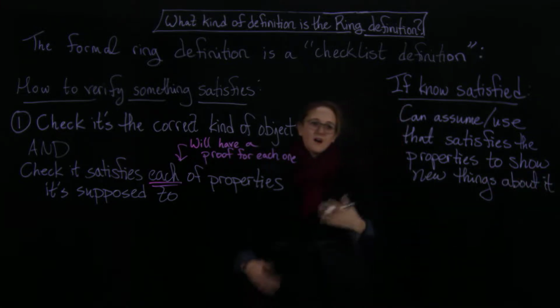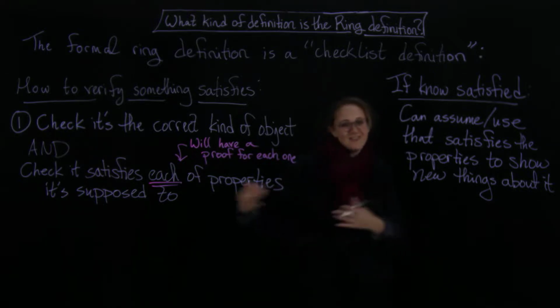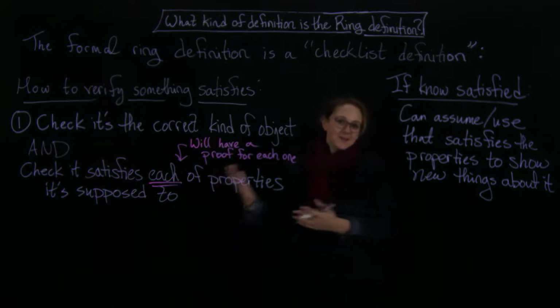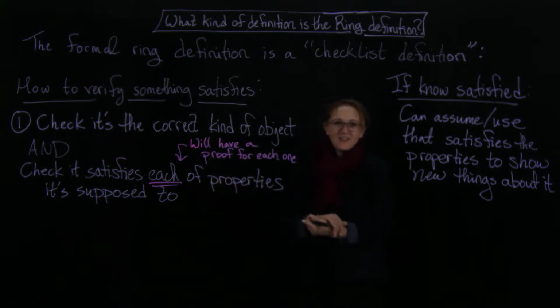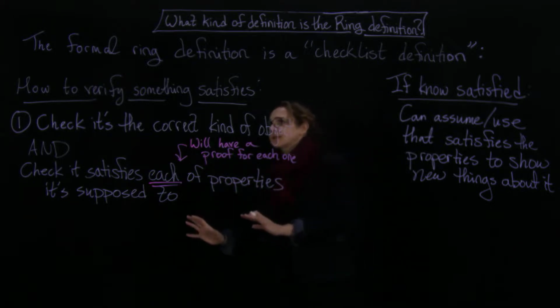So you can use each of those. You have a whole list of properties that you can use. Oh, I have addition. I have commutativity of addition. Anytime I have addition, I can swap things like this.